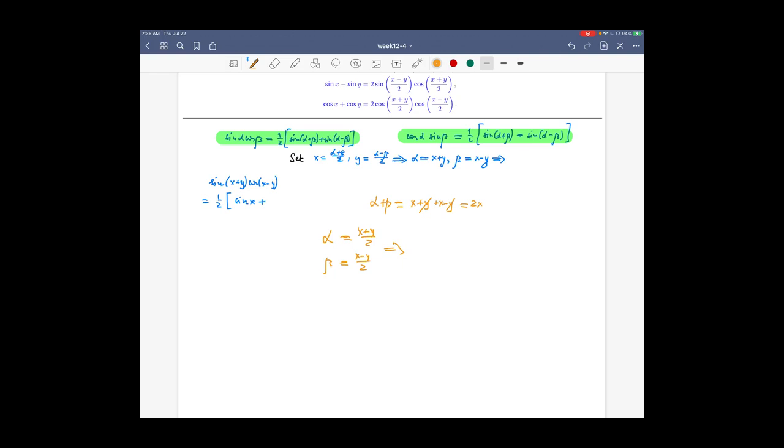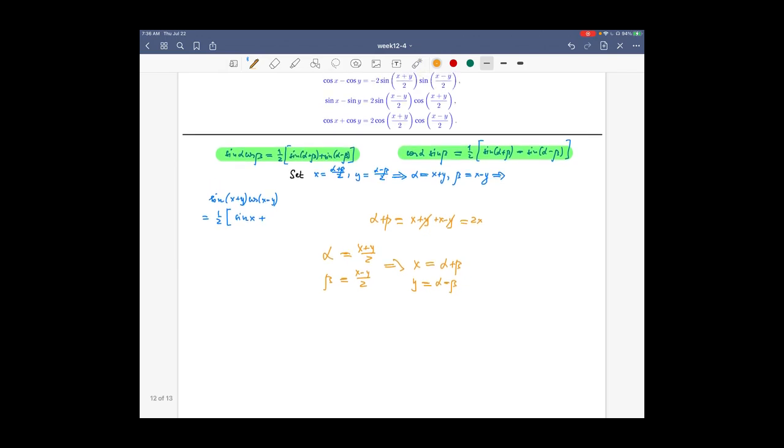So from here, maybe a little different. Yes, if I now solve this for x, for instance, x is, adding these two, x over 2 plus x over 2. That's x, that's alpha plus beta. And y will be alpha minus beta. Let's see if that will give me the right thing.